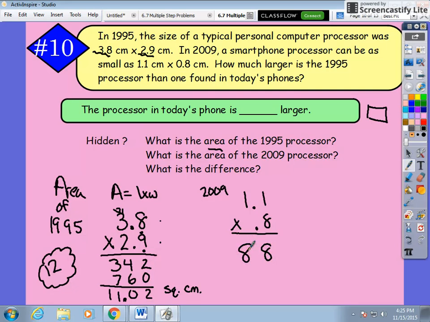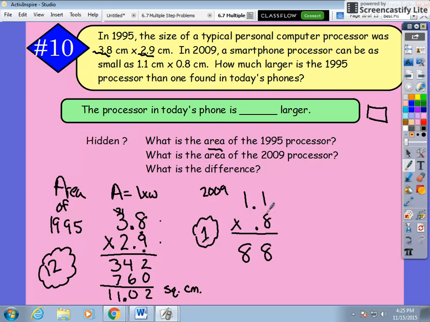So now I need to think about where my decimal point needs to go. If I think about an estimate, I know that I have about 1 times about 1, I'm going to get an answer that's about 1. If I think about my places, I have tenths times tenths, I need to have hundredths.